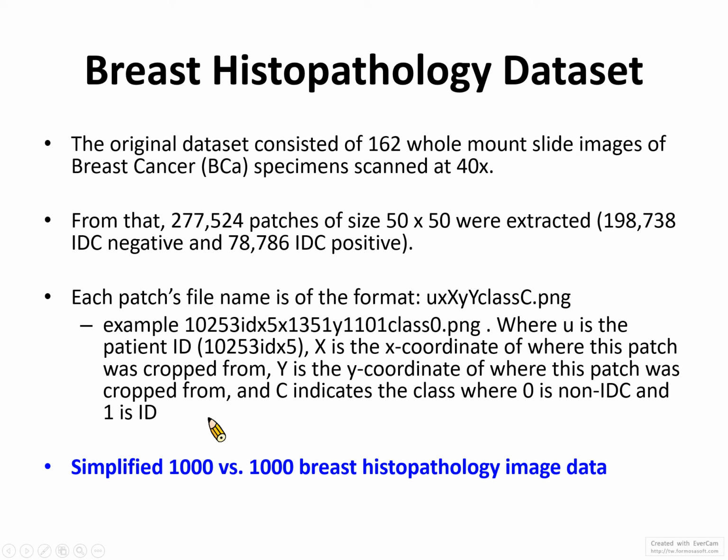Okay. So for your convenience, I just extracted 1,000 versus 1,000 patches from the original data set, so you can process this data without putting any burden on your computers.